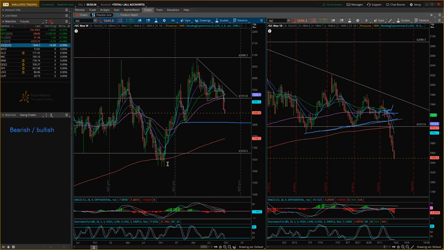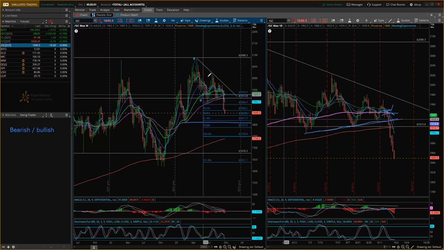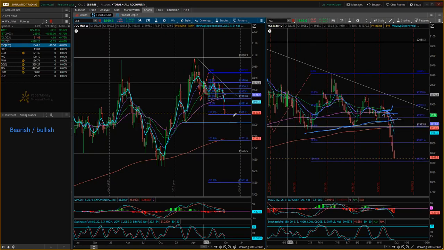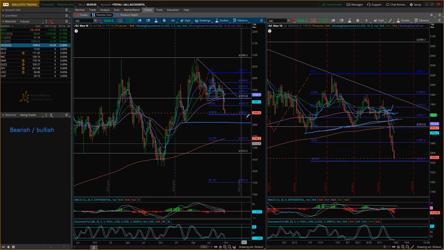If you use Fibonacci extensions, let's try this one. Over here. So I think 1843 or 45 will be the first support.